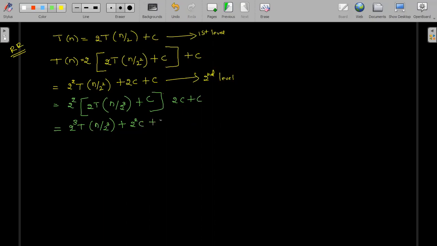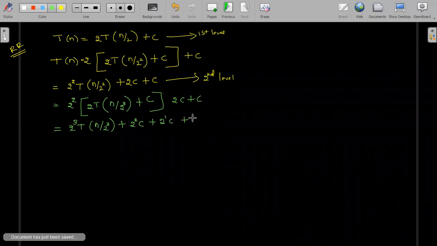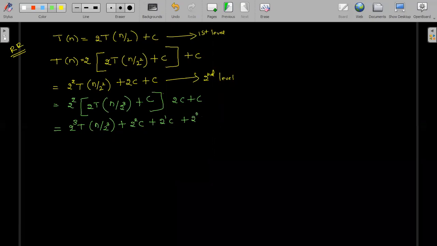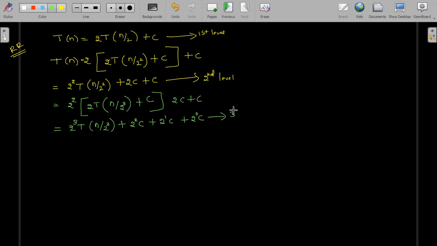Again 2 power 1 c. Again here just c is there. I will make it like that to get 1, so 2 power 0 c. That's it. So these are the 3 levels you have to do always. Third level. This one you know. Up to here okay, everyone? Jitu okay?